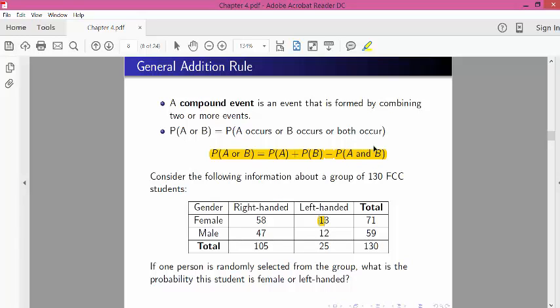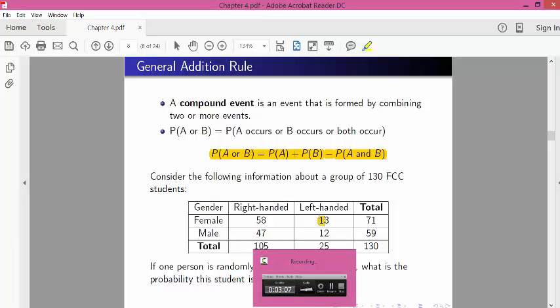Okay, well, maybe there are, but let's just say they have to pick one or the other, right? So in this case, there is no overlap. Well, there is probability. It's equal to 0. So whenever the events are disjoint, they cannot happen at the same time, like male or female. Okay, that can't happen at the same time. That's the only time when you don't need to worry about it. Okay, so that's it. That's your general addition rule for compound events.